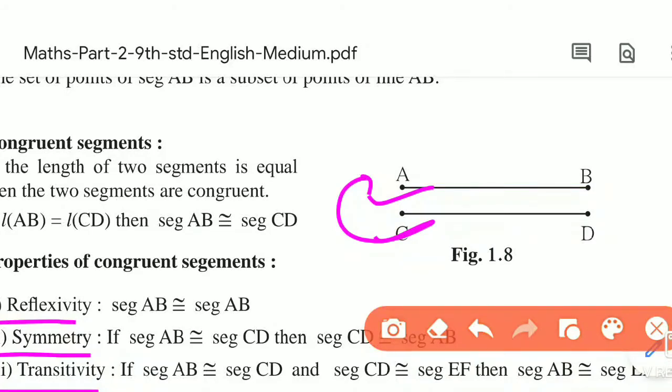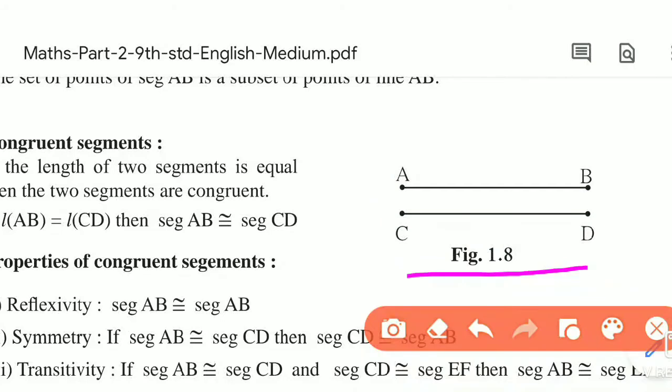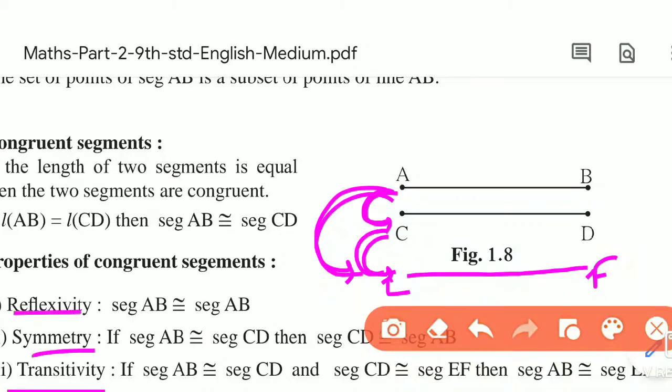Suppose I draw one more line here, and that is EF. If AB is congruent to CD and CD is congruent to EF, then we can say that AB is also congruent to EF. This property is called transitivity.